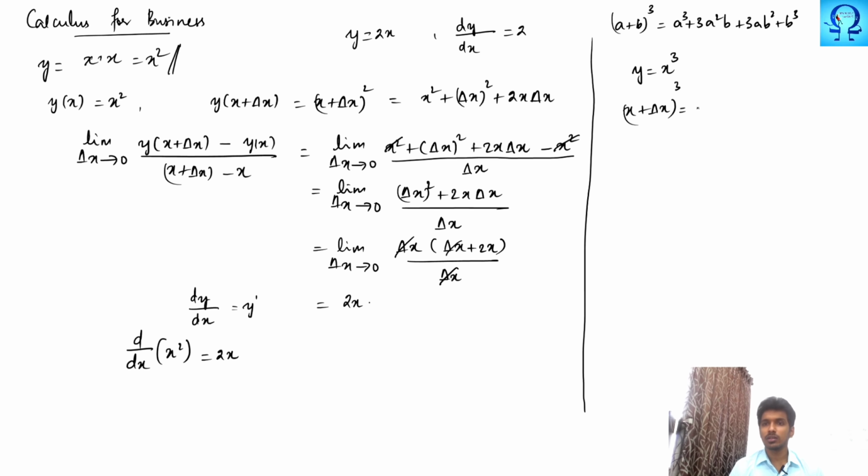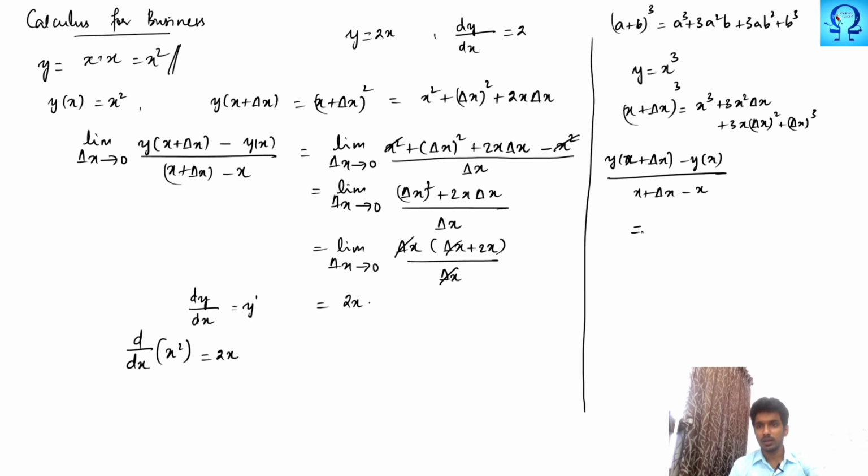So this is going to be x cube plus 3x square delta x plus 3x delta x square plus delta x whole cube. So here y of x plus delta x minus y of x upon x plus delta x minus x.